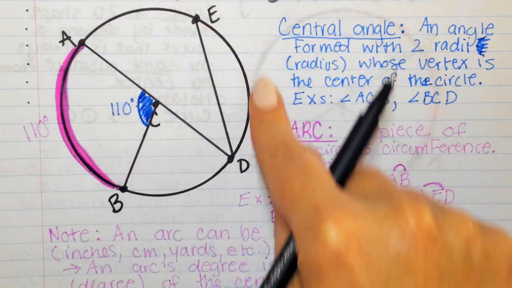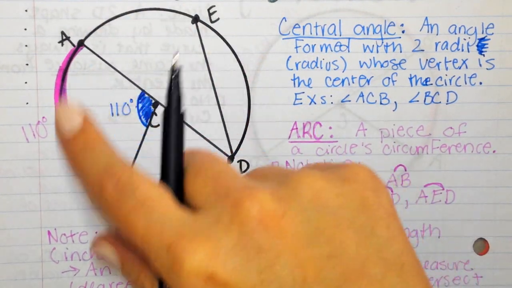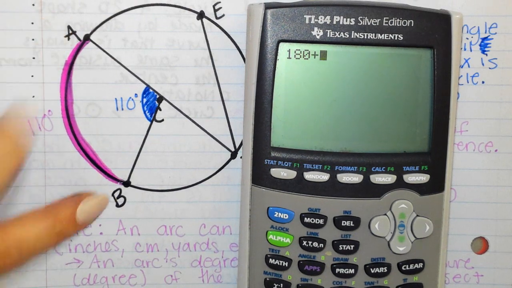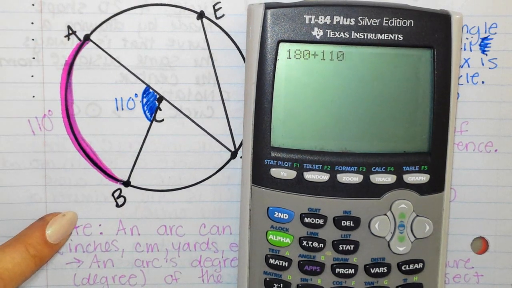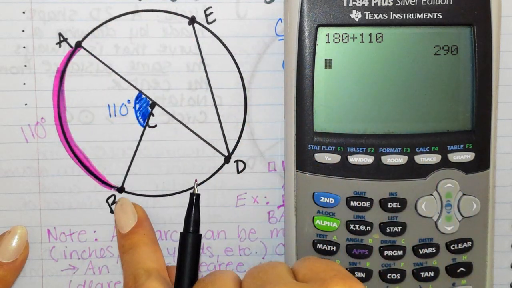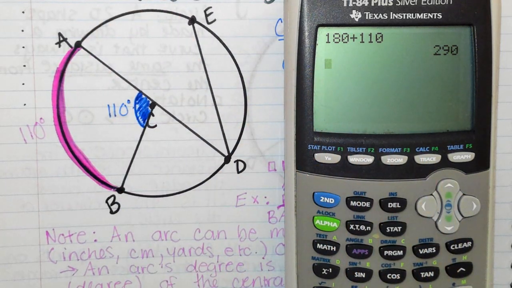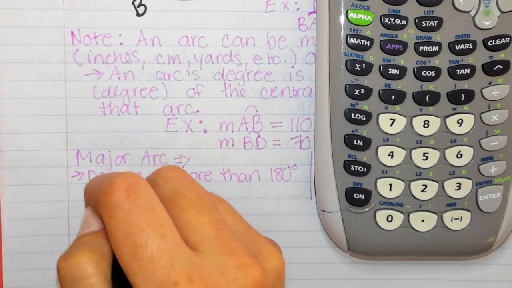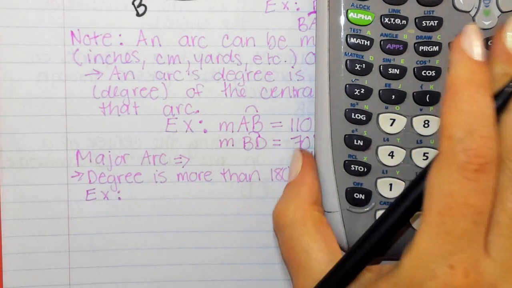So this arc right here is 180 degrees. If we added to that the measure of arc AB, that means that this arc DAB is 290 degrees. So let's go ahead and put that as an example. This is an example of a major arc.